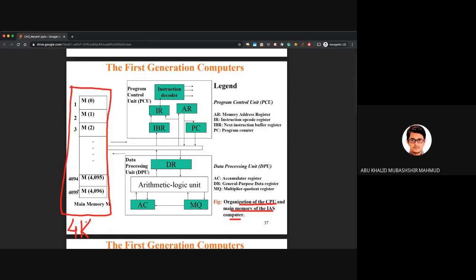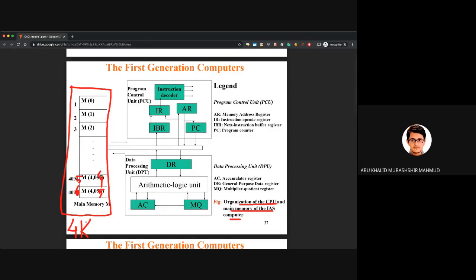This should be 4096. 4K words is what we can store in the main memory.